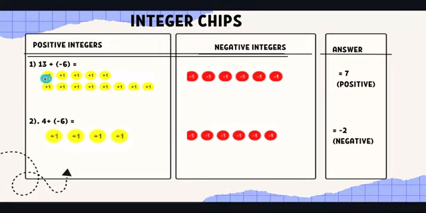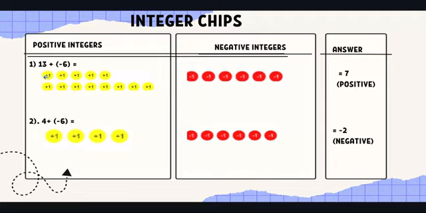Okay, so here we go. These are my integer chips. You have the yellow positive ones and the red negative ones. This problem is 13 plus negative 6. So I take the 13 positive and I count them, and for every negative integer, I'm going to match it to a positive integer.